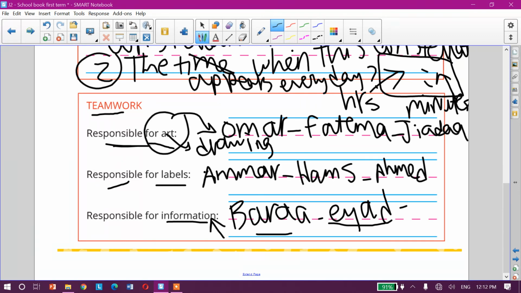Let's make a quick revision of what we had before. We said that there is a difference between the sun and stars. The sun appears bigger, but stars appear smaller because stars are far away from us.